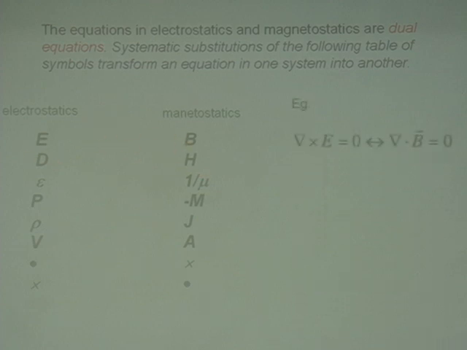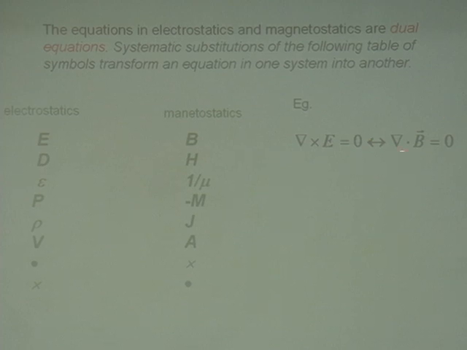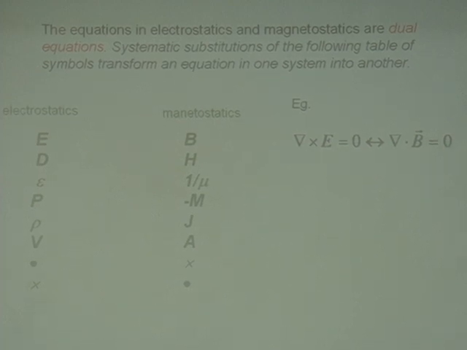So for example, if you pick up the equation from electrostatics, curl of E equal to 0, and then you keep this operator, but change the curl operator into the divergence operator, and at the same time replace this E, electric field intensity, with this symbol B, then you immediately create one of the two postulates for the magnetostatics.